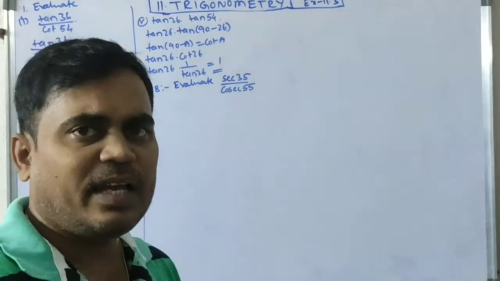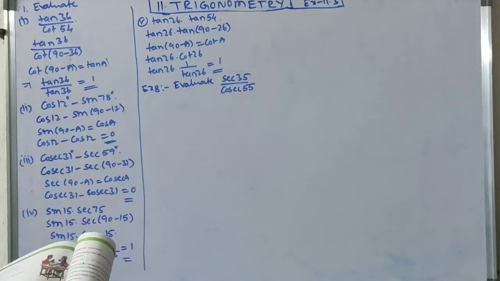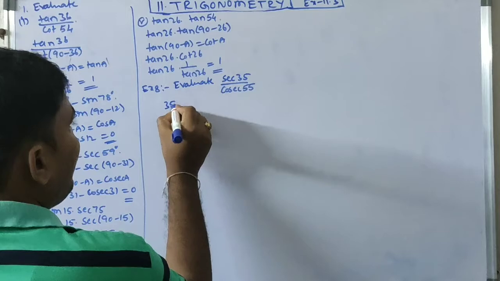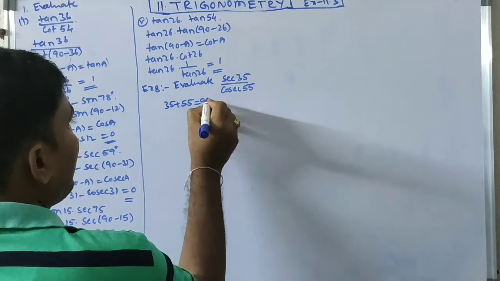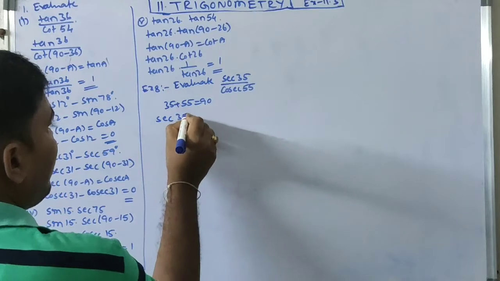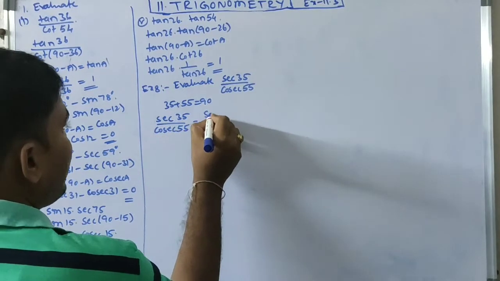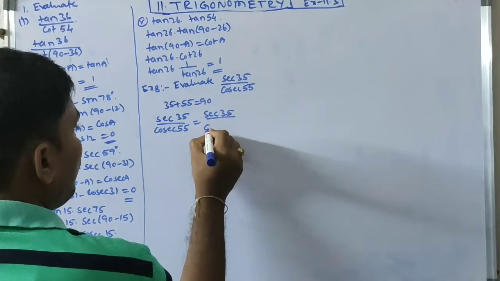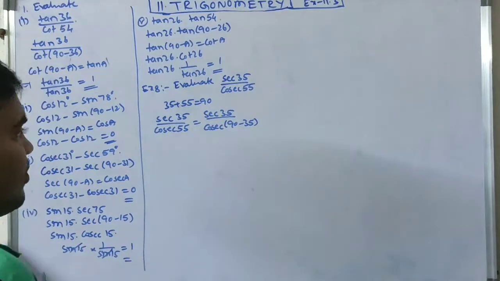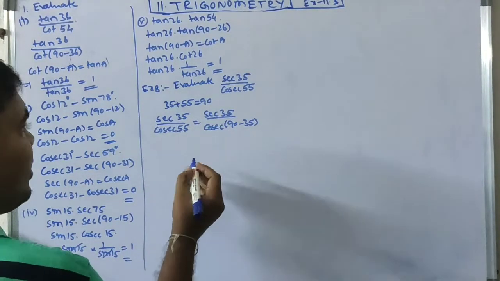Again, if we observe the angles 35 and 55, 35 plus 55 equals 90, complementary angles. So sec 35 by cosec 55 equals sec 35 by cosec of 90 minus 35, simply writing 55 as 90 minus 35.